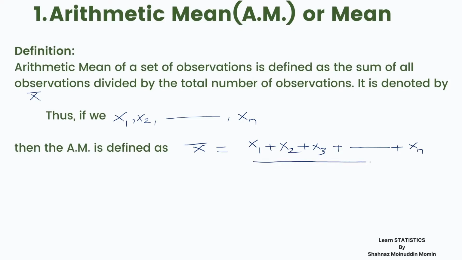Since there are n values we have given, it is divided by n.